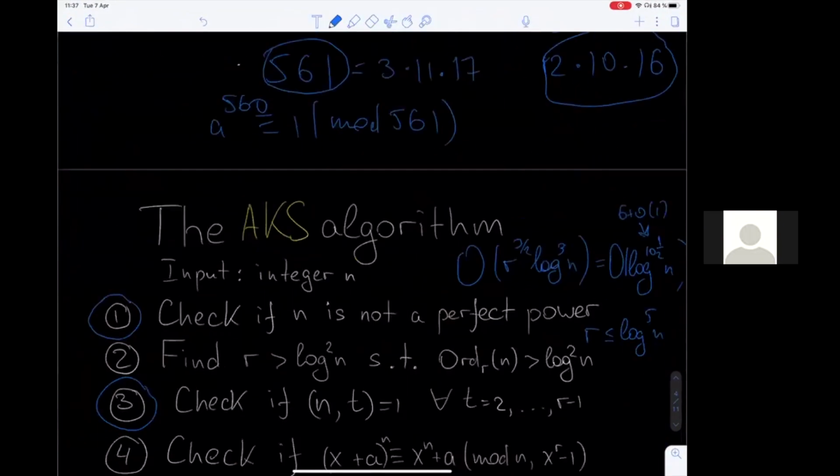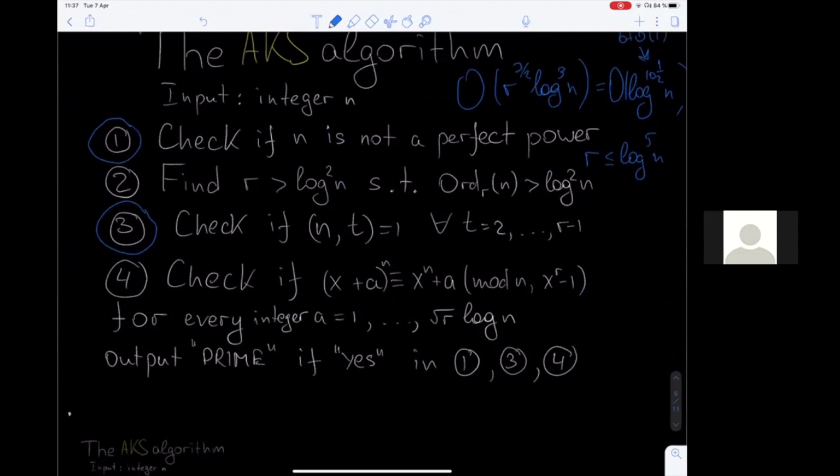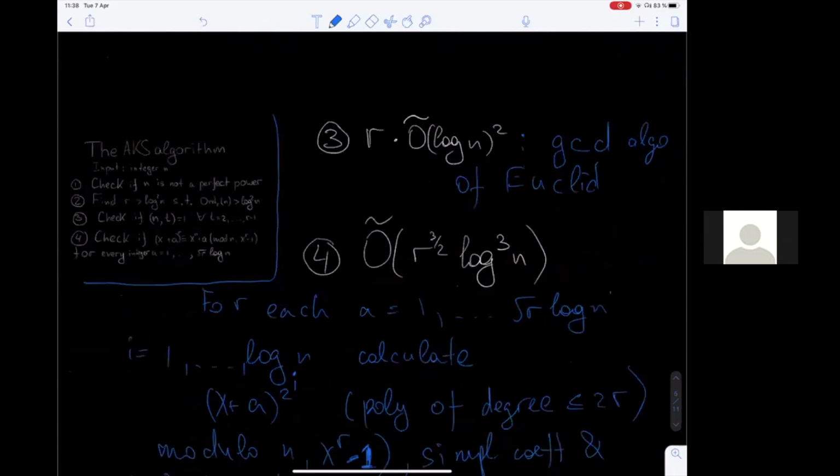Okay. So where were we? This again is the algorithm, and the essential steps are step 2 and 4, and what we are left to do is to figure out why composites fail this test.